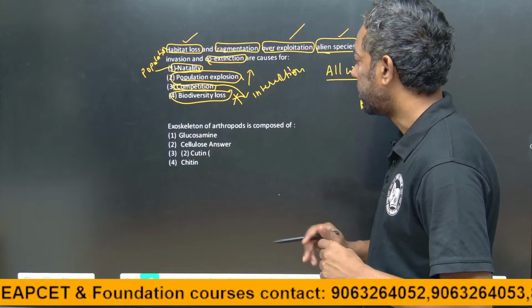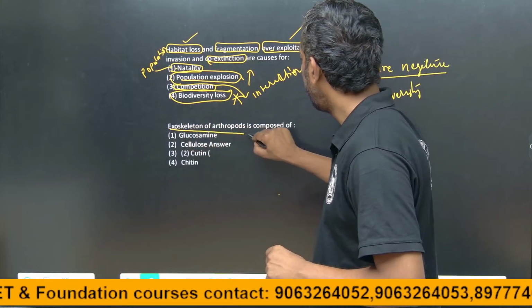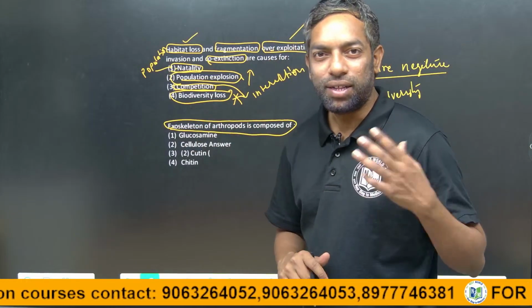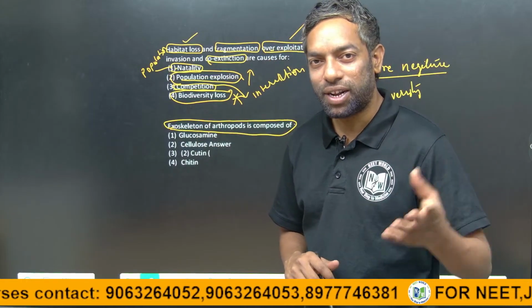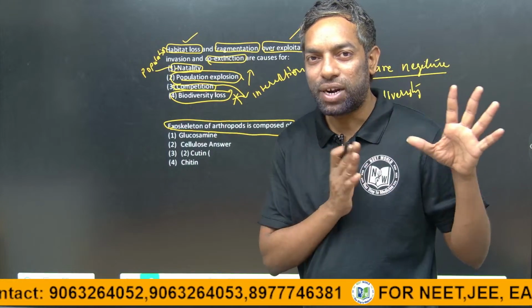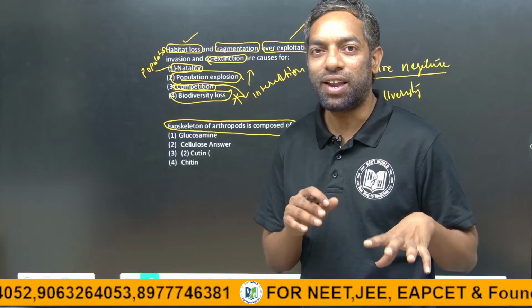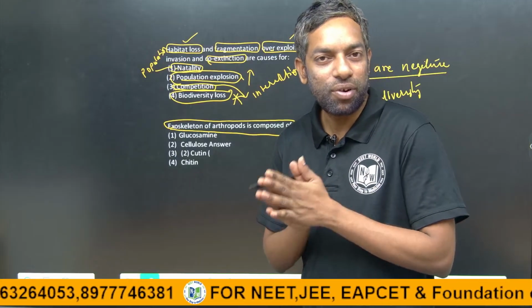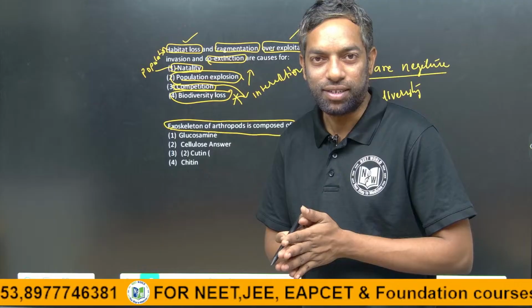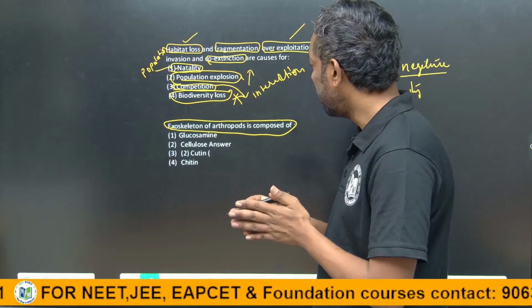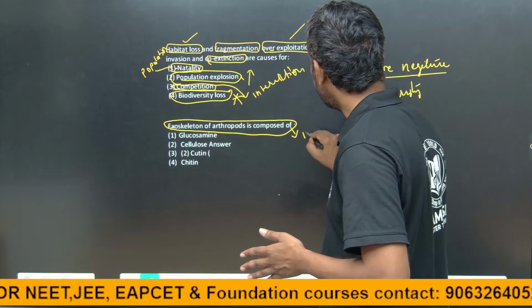Okay. Yes. Exoskeleton of arthropods composed of, yeah, there is endoskeleton and exoskeleton. If we come to the vertebrates, in the endoskeleton, the skeleton is calcium carbonate. They are internal, they can protect the internal organs. Okay, that is endoskeleton. But exoskeleton is there in the invertebrates.